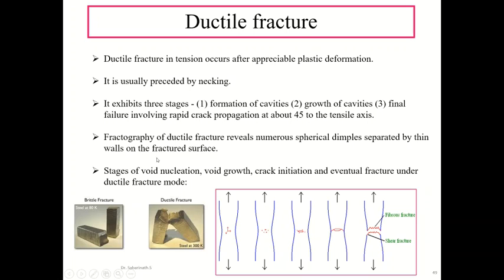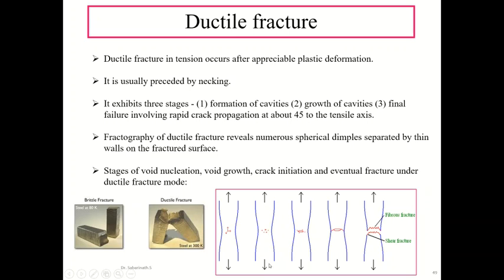Okay, thus fractography of ductile fracture reveals numerous spherical dimples separated by thin walls on the fracture surface. Fractography is a study of the fracture surface of metals. So fracture surfaces of metals are studied, and it is observed that there are numerous spherical dimples separated by thin walls on the fracture surface in the case of ductile fracture.